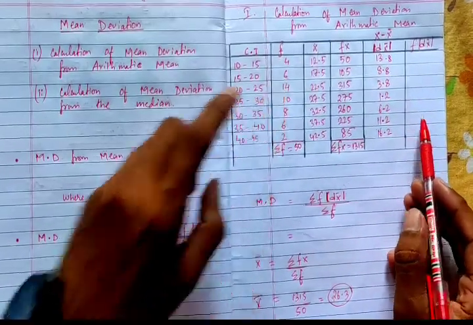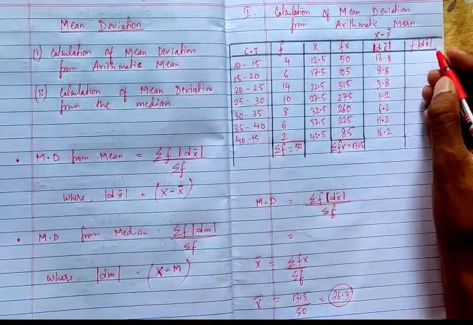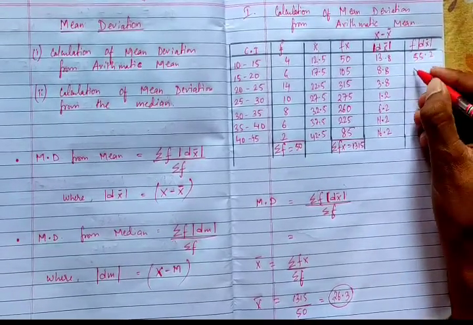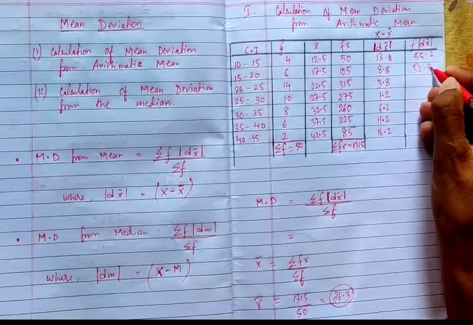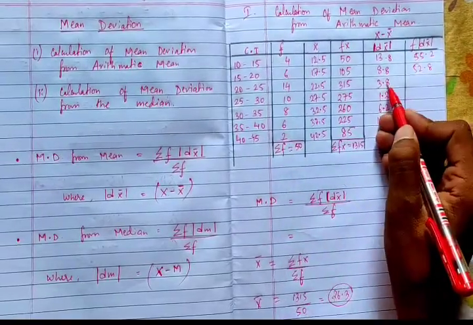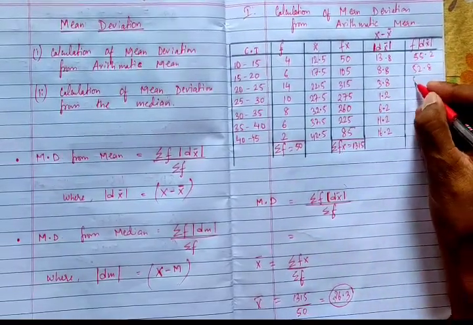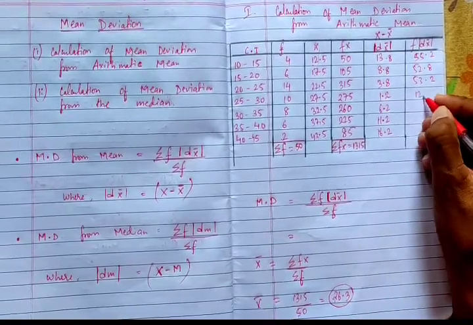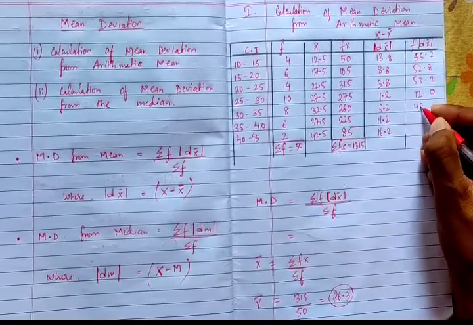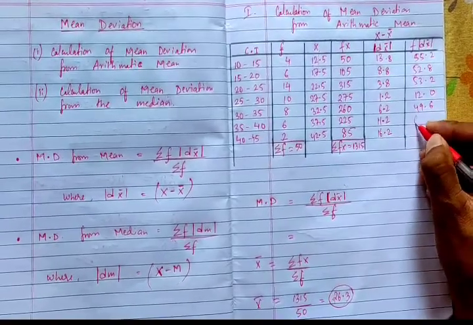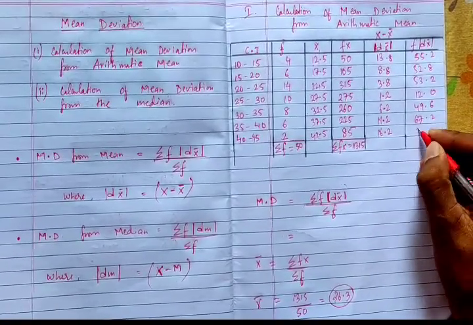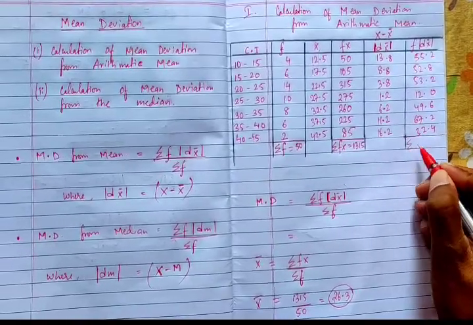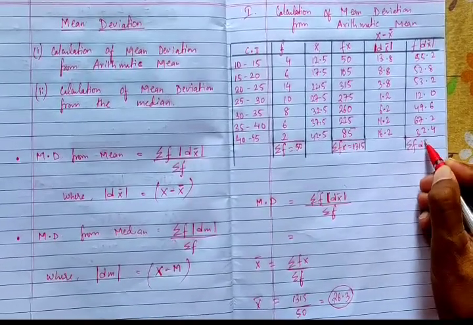So we have to fill up this column. 4 into 13.8, 55.2. Then similarly 52.8. Again 14 into 3.8, 53.2. Then 12.0, 49.6, 67.2, 32.4.